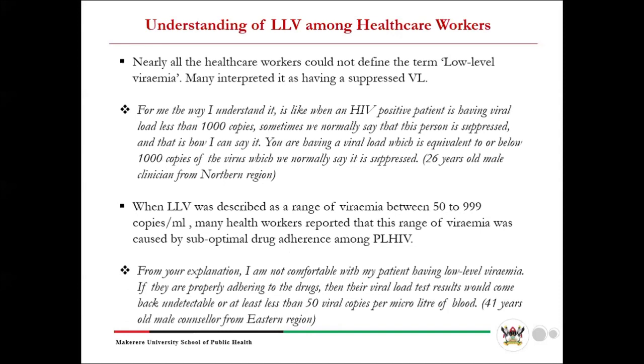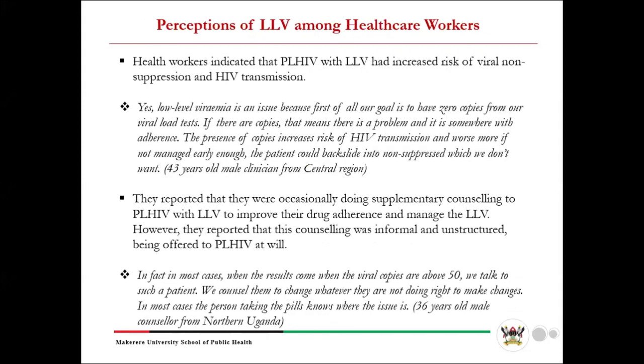And when we went to understanding of viremia among healthcare workers, nearly all the healthcare workers at the different HIV clinics could not define what viremia was. And many of them interpreted it as having a suppressed viral load, which was right, but not definitive. And when we tried to break it down into numbers, a range between 50 and 999, they described it as a range which was caused by suboptimal adherence.